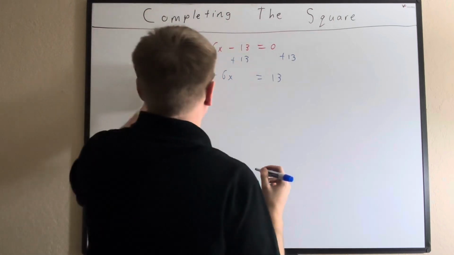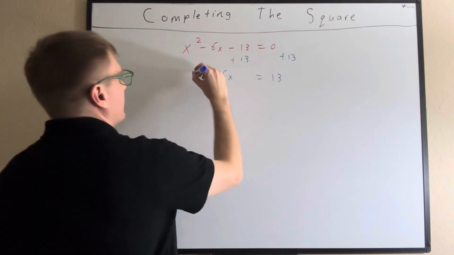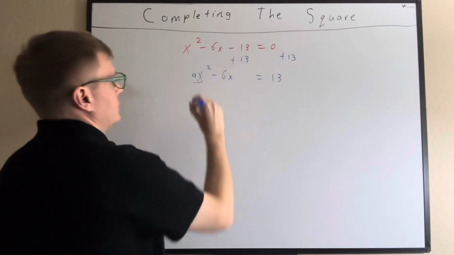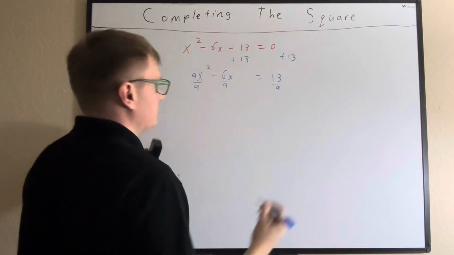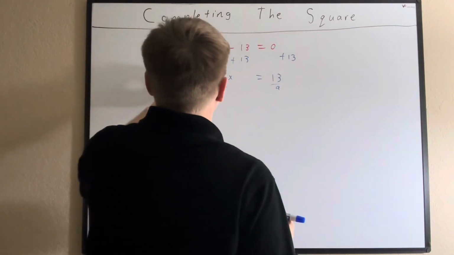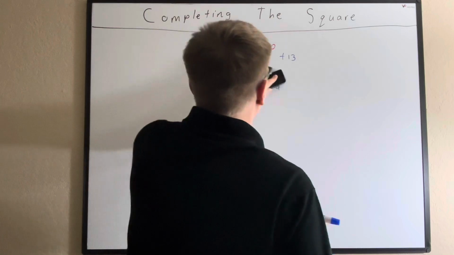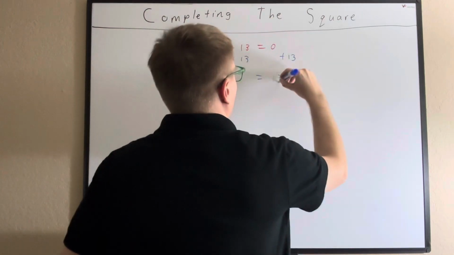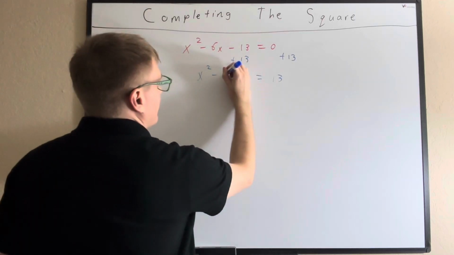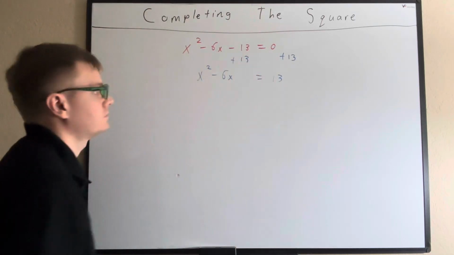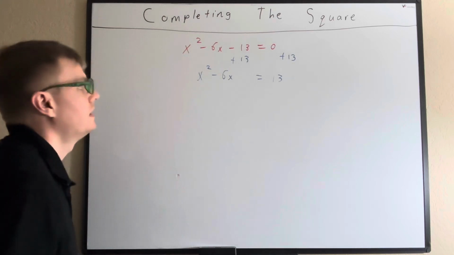Okay? Just a note. Should do an example. It would be everything divided by a. All right? But I'll kind of do that in the next video. For now, let's practice completing the square.